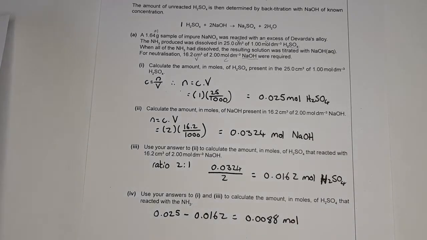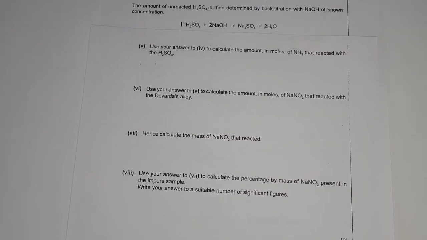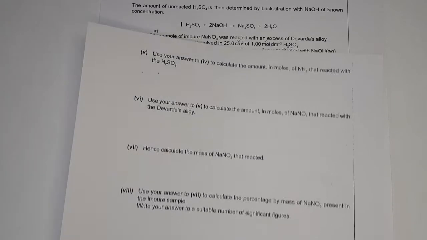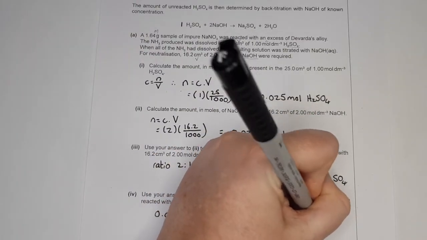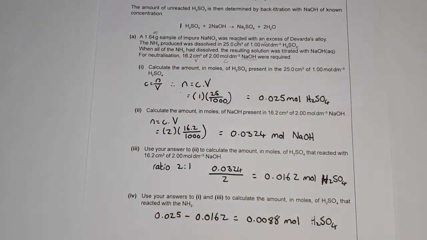So then the next question says, use your answer in 4 to calculate the amount in moles of the NH3 that reacted with the sulfuric acid. So now this was the moles of the H2SO4.